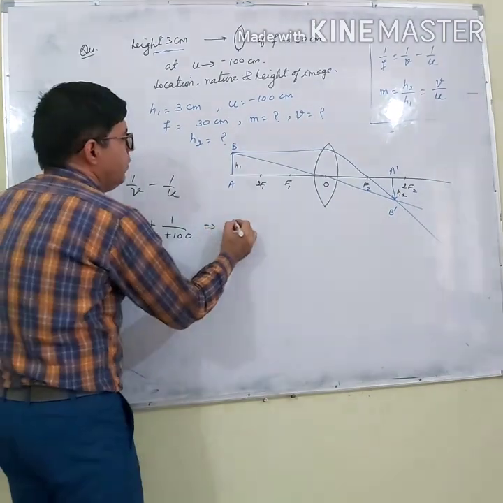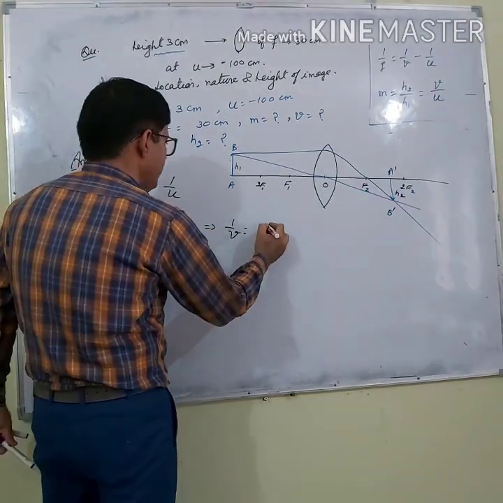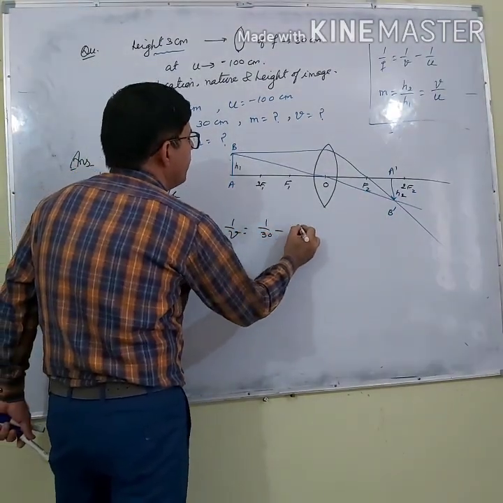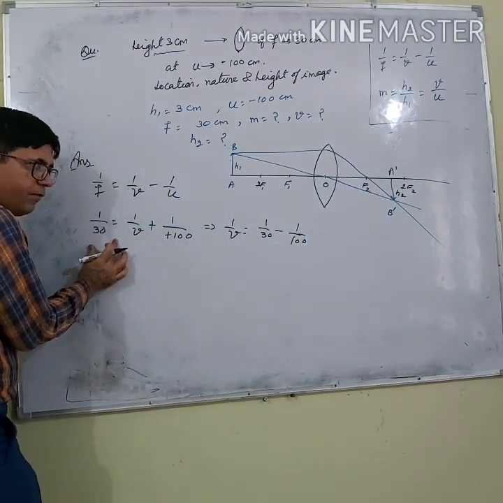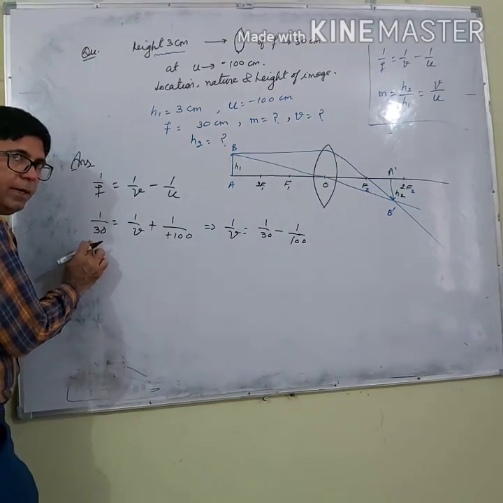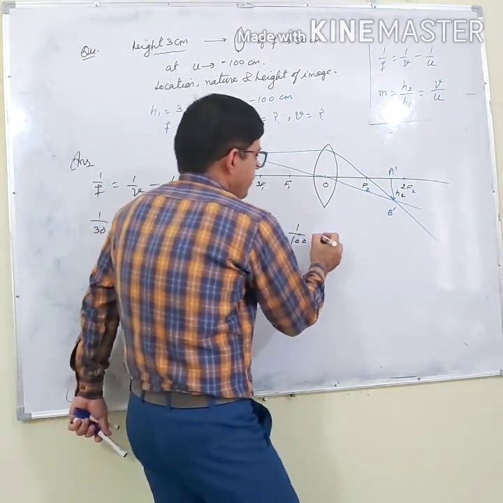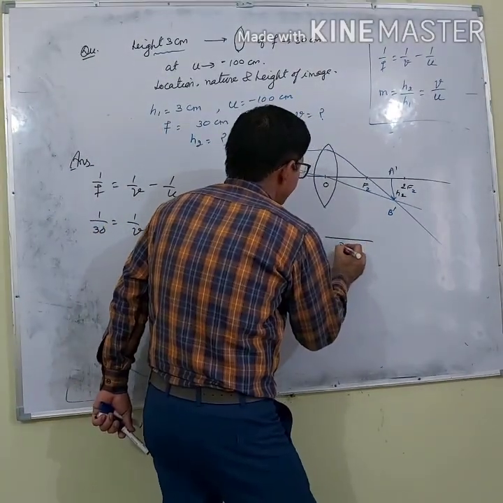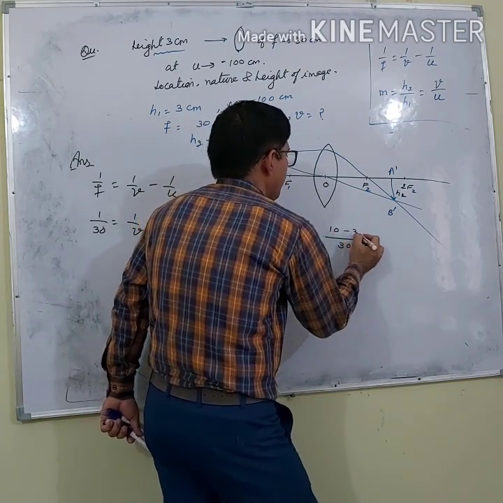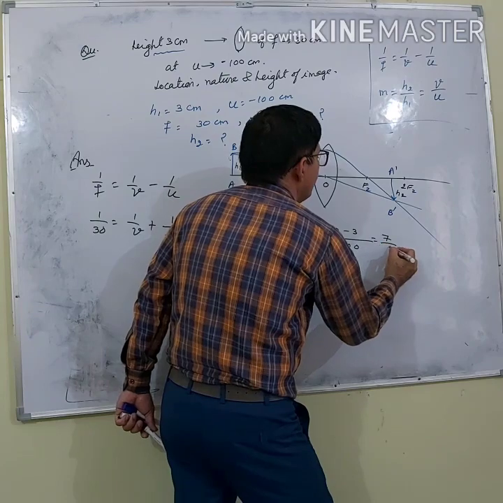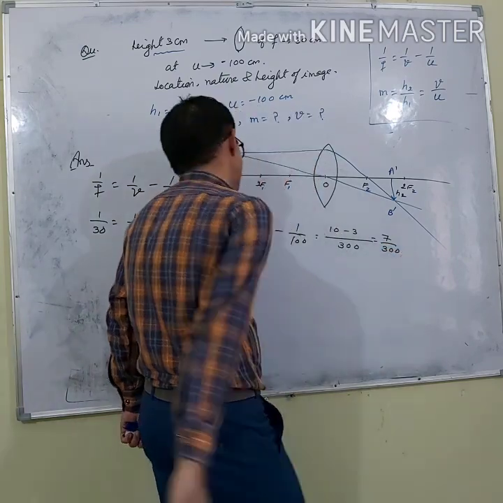So if I try to solve this, 1 by V will be 1 over 30 minus 1 over 100, because when it shifts to the left hand side, this positive becomes negative. So what is the LCM? LCM is 300. 10 minus 3, it is 7 by 300.